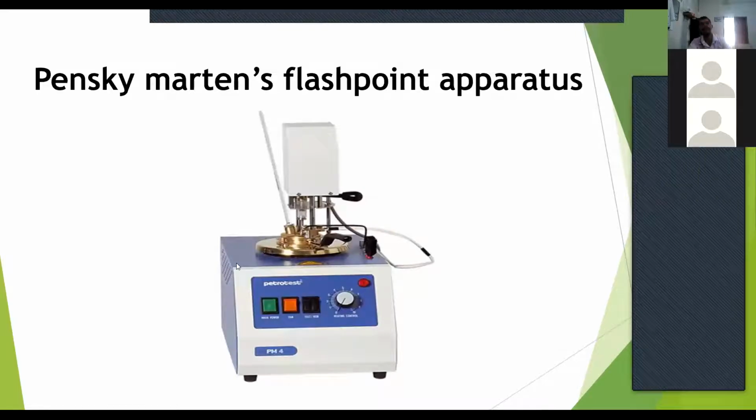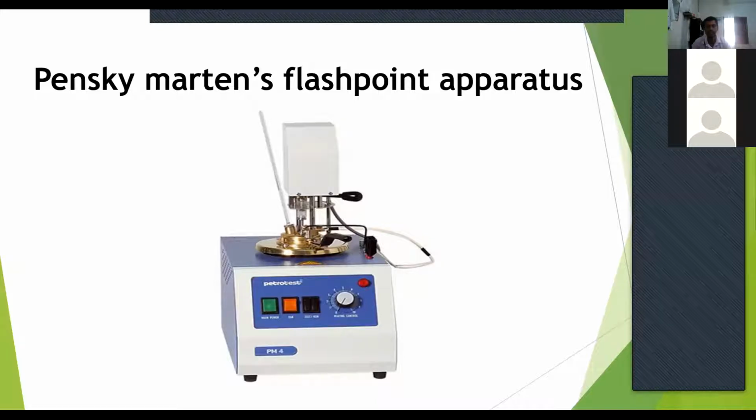This is the Pensky-Martens flash point apparatus, right? Here this apparatus is for the flash point. If you want to find out the fire point also, there will be a separate apparatus for that. The name is Pensky-Martens, right?